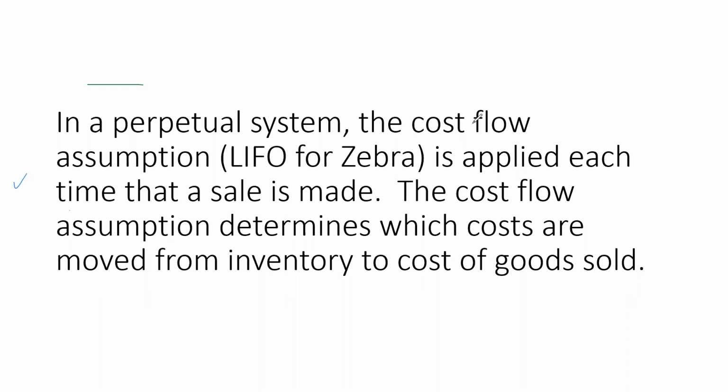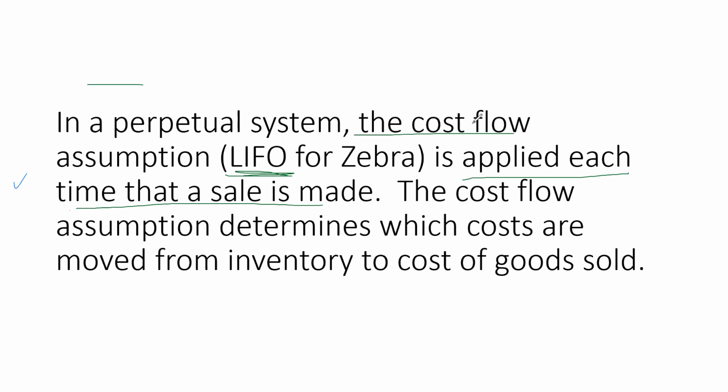So what do we say about our perpetual system? The cost flow assumption for this particular case is LIFO. When is that applied? Now, in the periodic system, that was applied when we determined the cost of the ending inventory. In a perpetual system, the cost flow assumption, LIFO, is applied each time that a new sale is made.